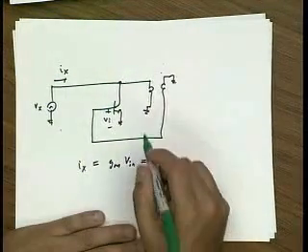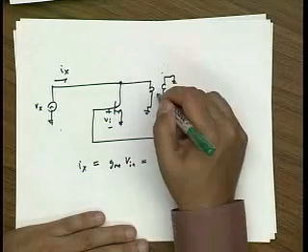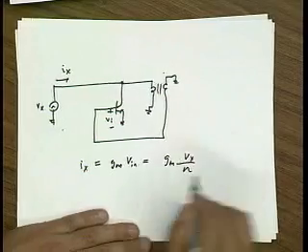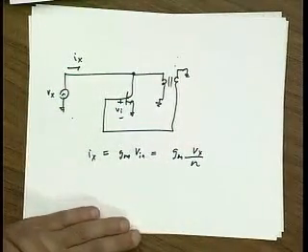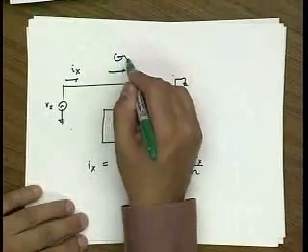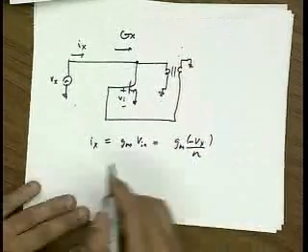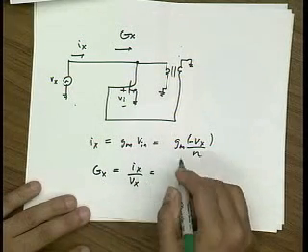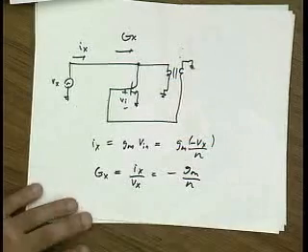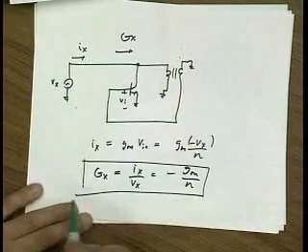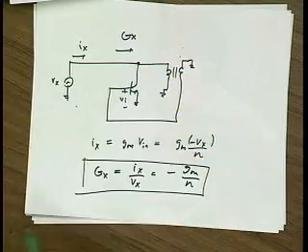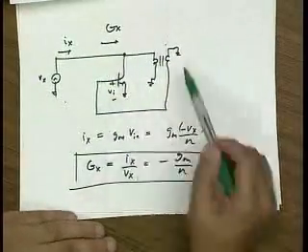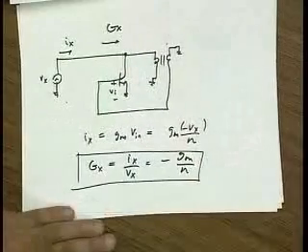And the input is actually the output divided by n through this transformer, but inverted. Okay? So the conductance looking into the circuit, which is Ix over Vx, is minus Gm over n. So, in fact, this perspective is consistent that this feedback is generating a negative resistance.